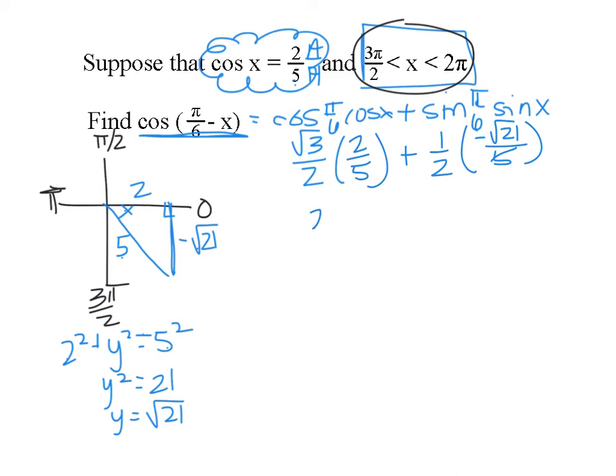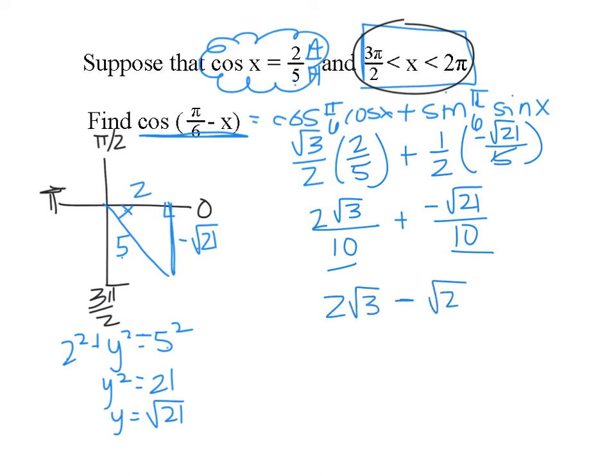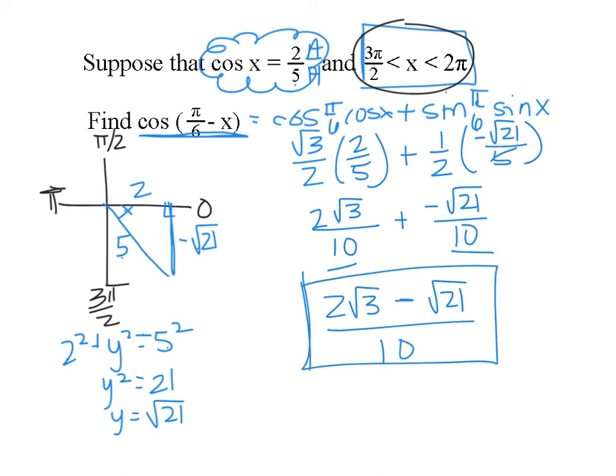So we get 2 root 3 over 10 plus negative root 21 over 10. And then combine those because they have the same denominator. So 2 root 3 minus root 21 all over 10, like so.